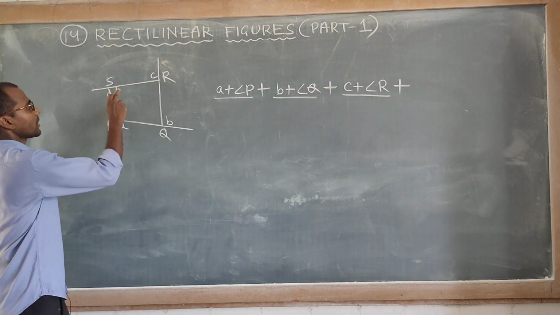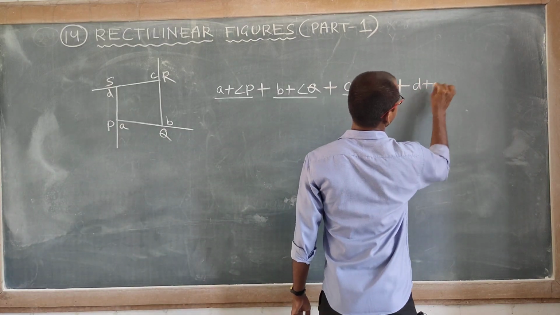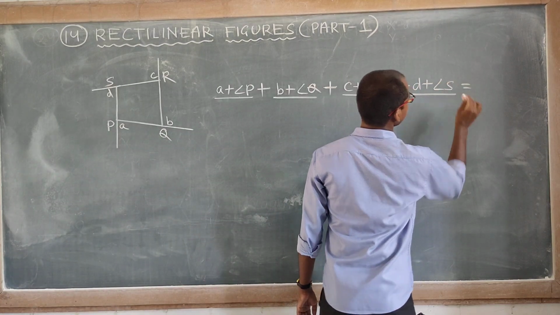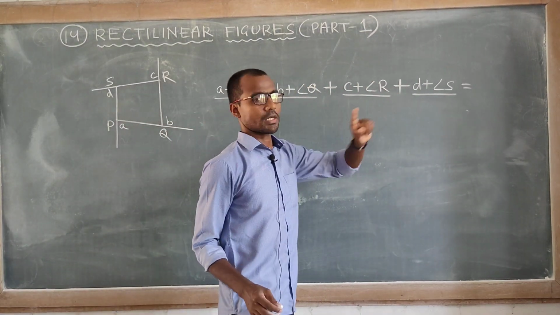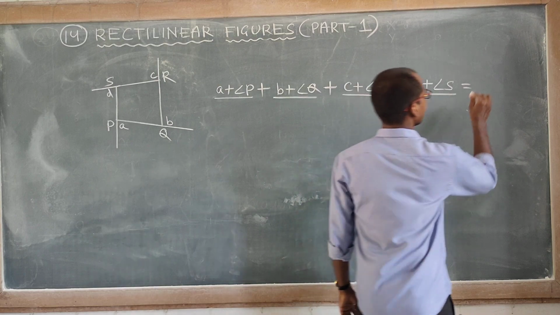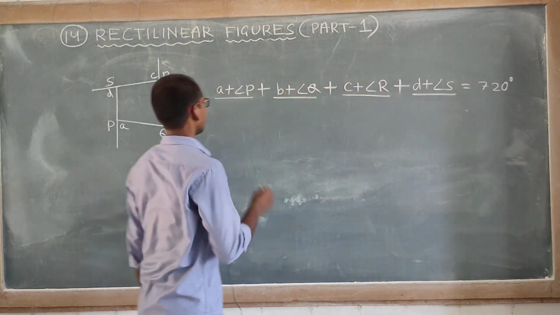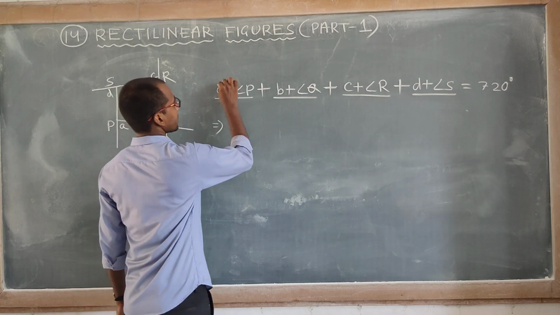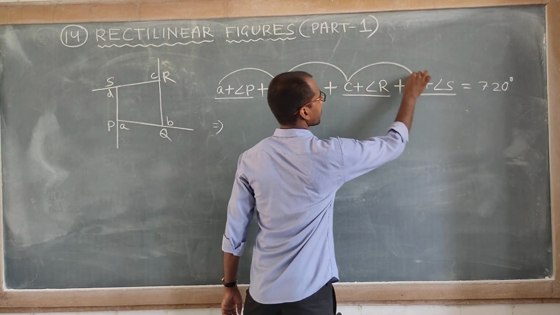Then D plus angle S is also 180 degrees. Okay, so 4 times 180, that is equal to 720 degrees.